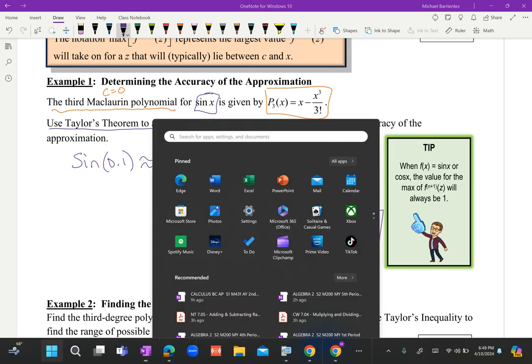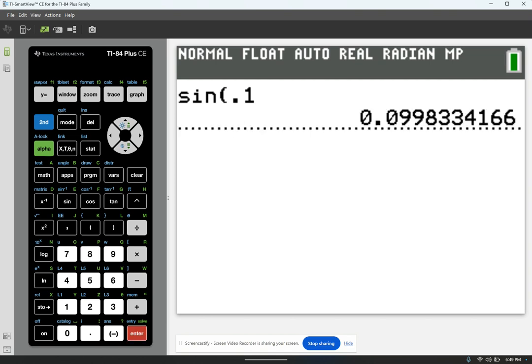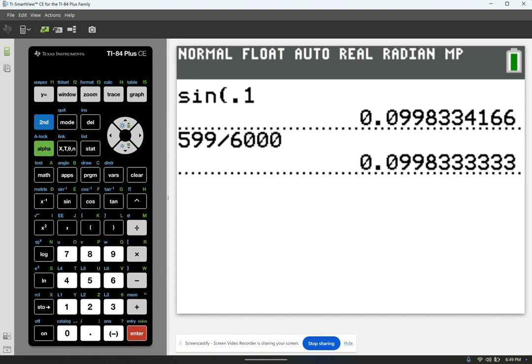I do want to point out we have a calculator, right? So we could do sine of 0.1 and get an answer. And I could do 599 divided by 6,000 and get an answer and realize, hey, those answers are pretty darn good, right? One, two, three, four, five, 6 decimal places.